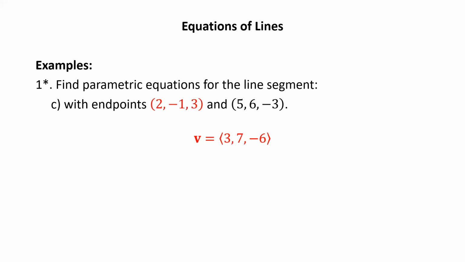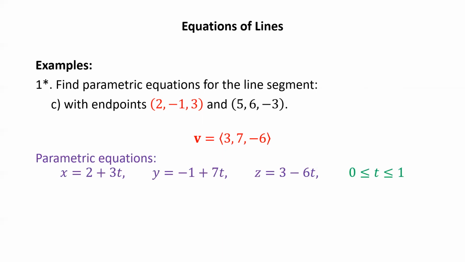So we're going to once again find v by subtracting coordinate by coordinate, the second one minus the first one. 5 minus 2 is 3, 6 minus -1 is 7, -3 minus 3 is -6, and use the first point to write the parametric equations as we did before. x is 2 plus 3t, y is -1 plus 7t, z equals 3 minus 6t. And when we do it this way, t will always go between 0 and 1.